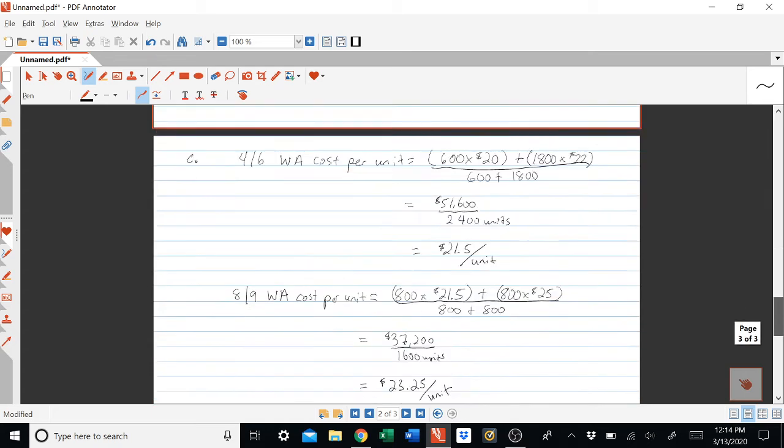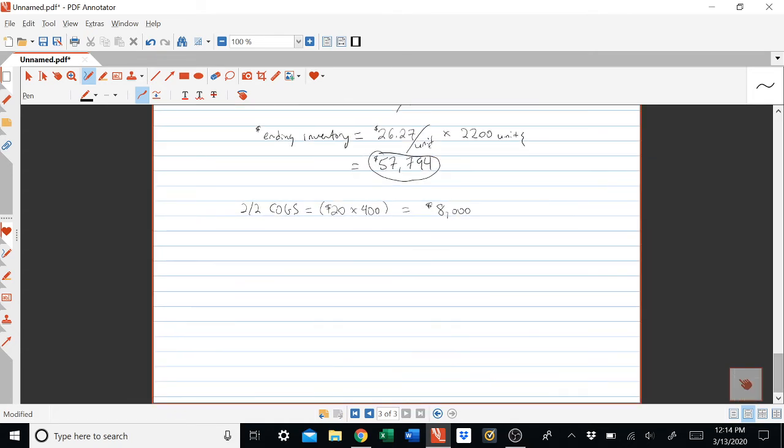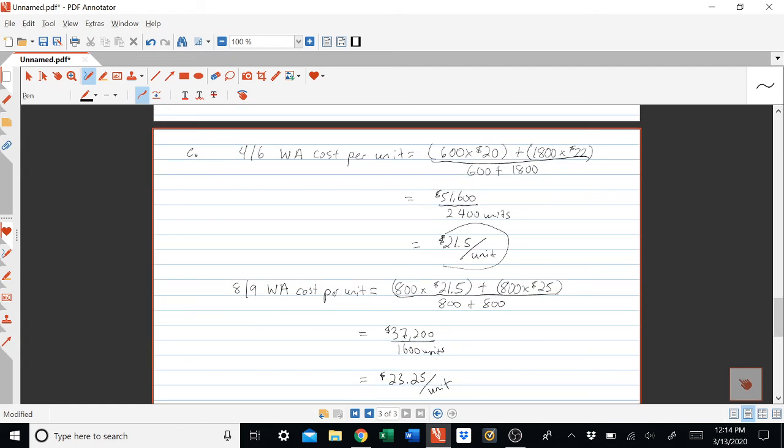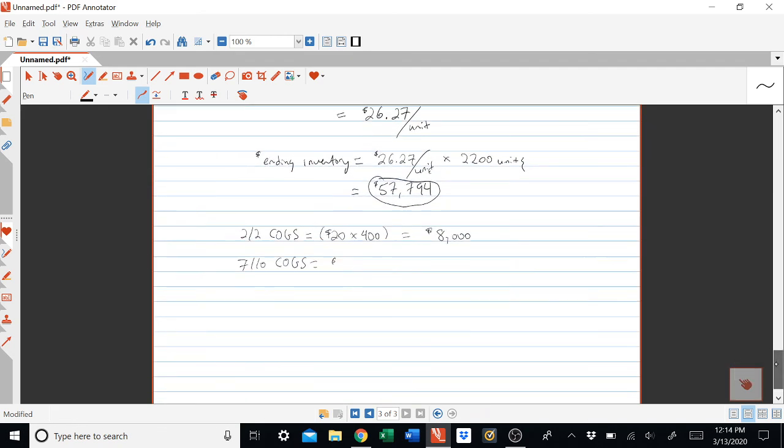So the July 10th COGS is the 1,600 units that are sold times, we're going to assume each of those units cost us this much to buy. It's $34,400.